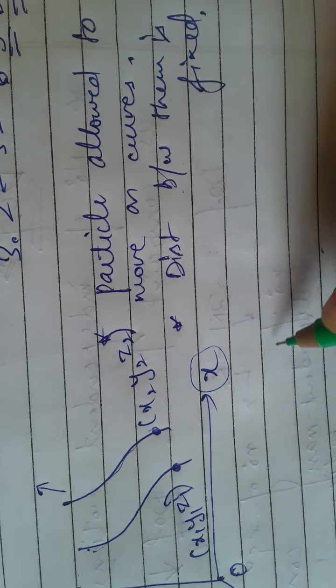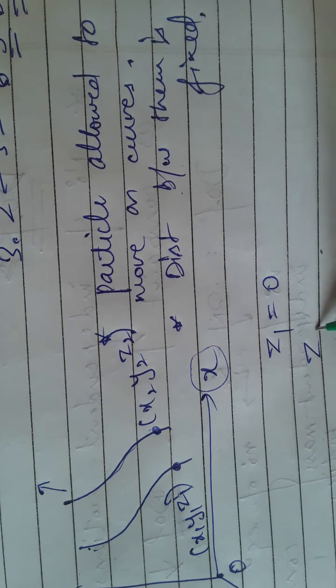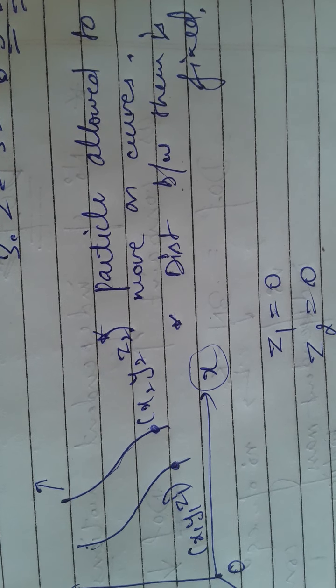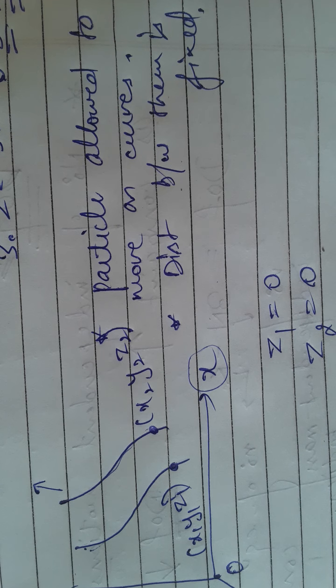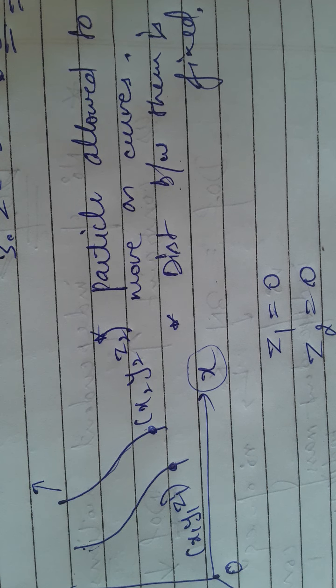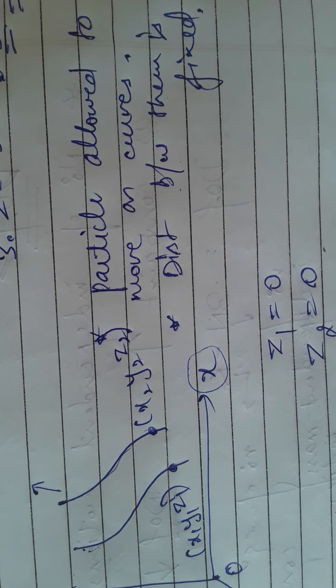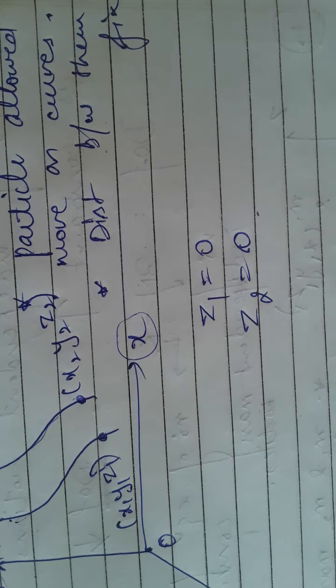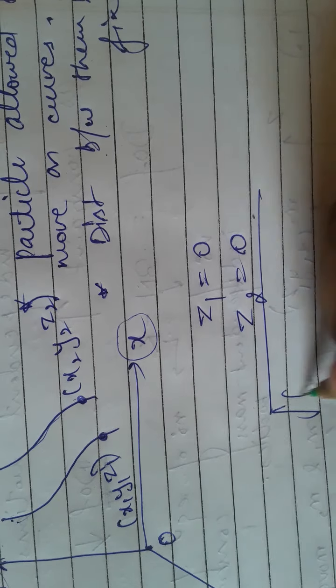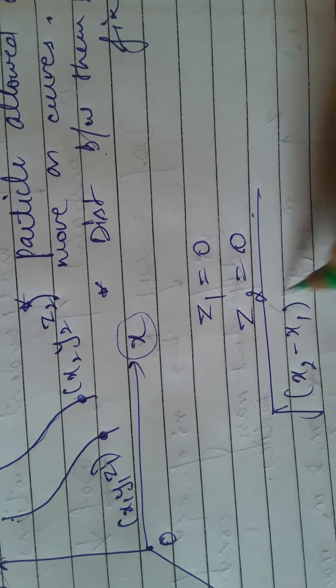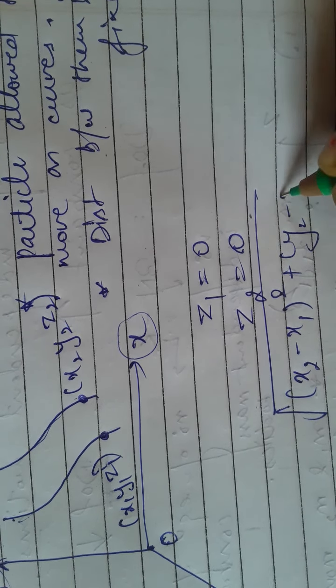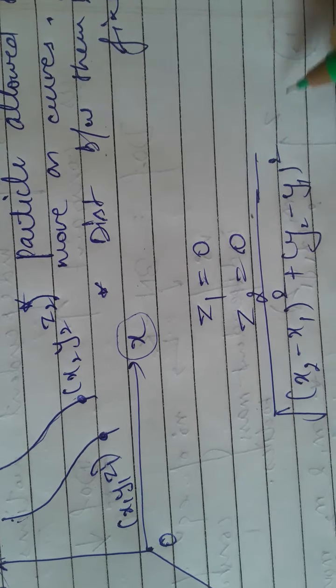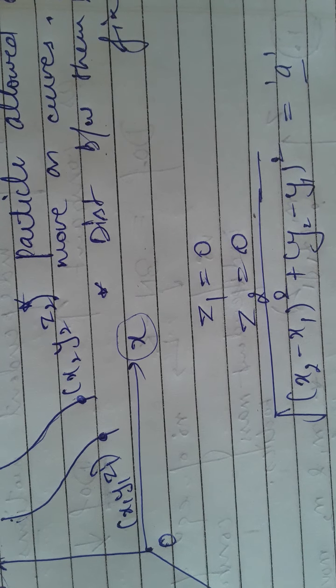So for both the particles, z1 will be 0 as well as z2 will be 0. This is a fixed thing. And one more thing is that the distance between them is also fixed. Means again, (x2 minus x1) whole square plus (y2 minus y1) whole square will be a constant, anything.